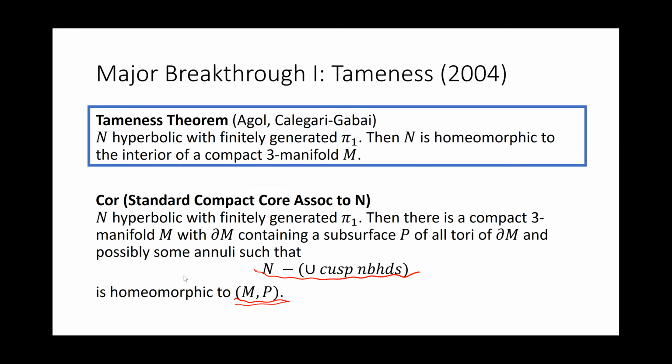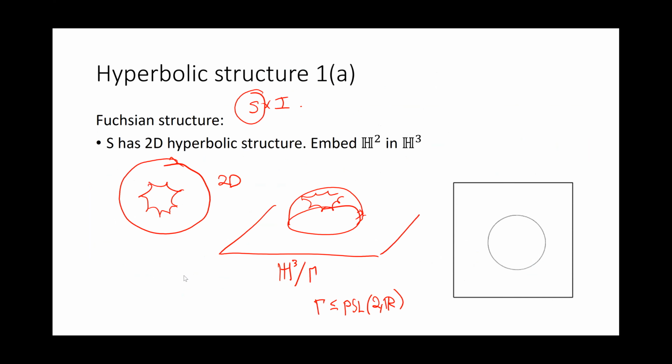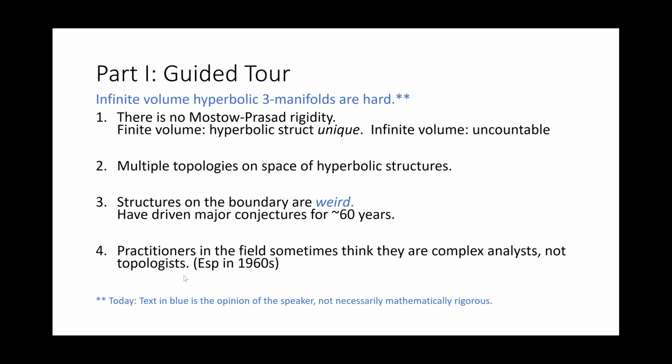Before then, maybe I'd answer that question by just going back to this very first slide. Infinite volume manifolds are hard because they're not rigid. So you have all these deformations that you don't have in the finite volume case. You have algebraic versus geometric topologies, versus strong, where you can do both.